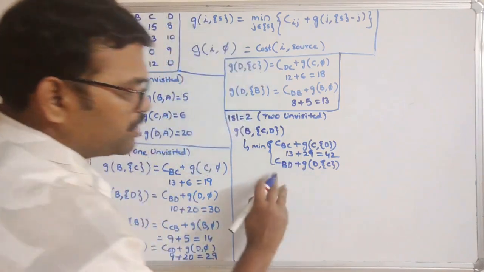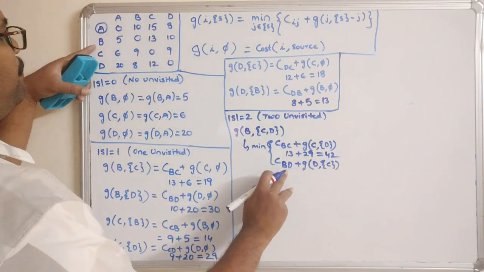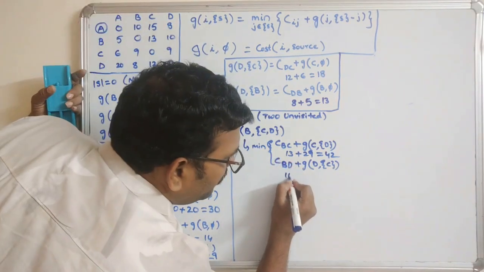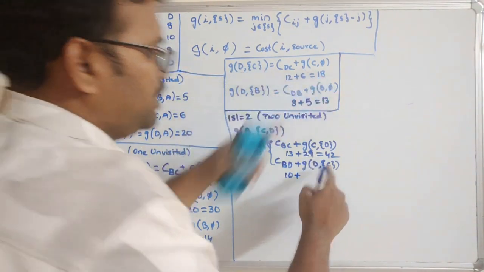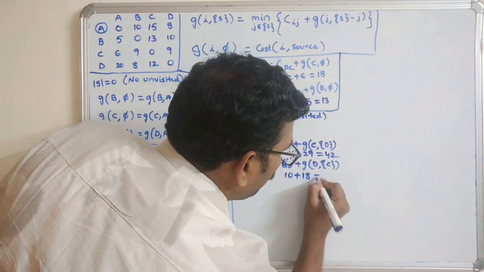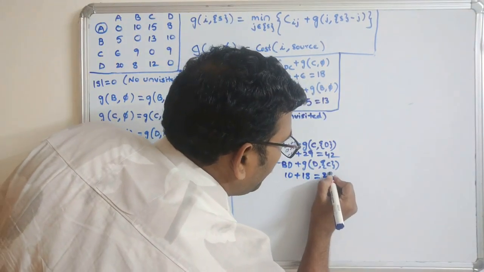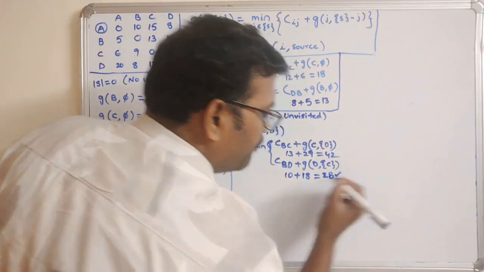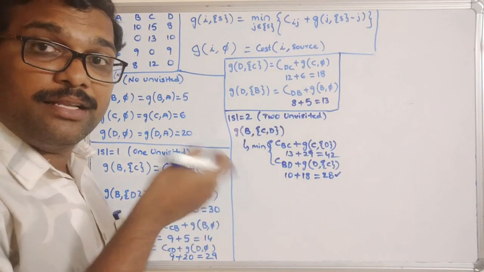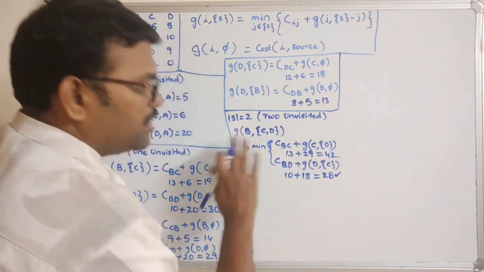And what about this cost? Cost of BD, it's 10 plus G of D comma C, already calculated, which is 18. So the cost will be 28. Among these two, which one is the minimum? This is the minimum value, so we need to select that one.